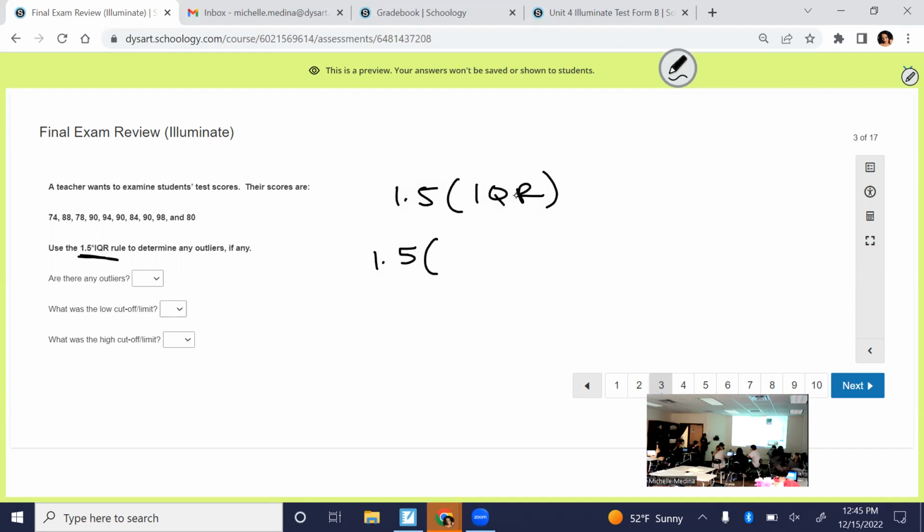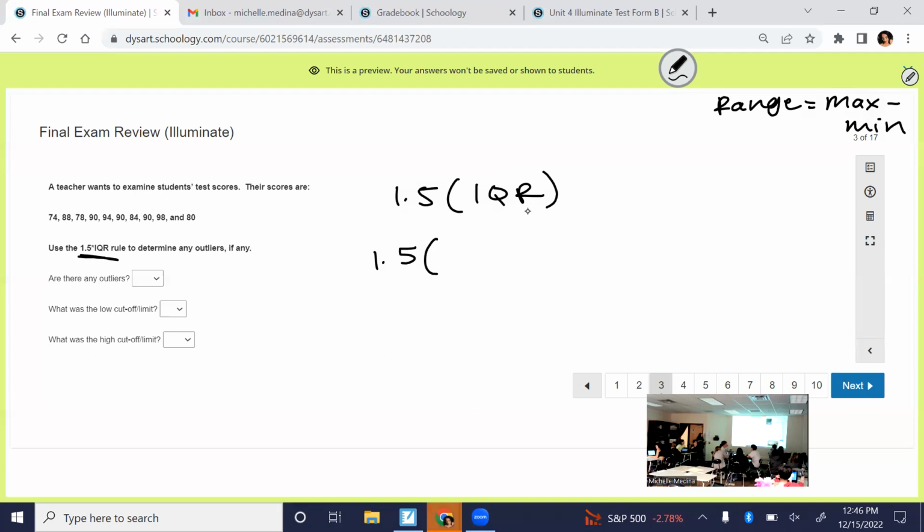What did you say, Jorge? Okay, the range is the biggest number minus the smallest number. That's just your normal range, not even interquartile range. But normal range is a subtraction problem. You're doing your maximum minus your minimum.